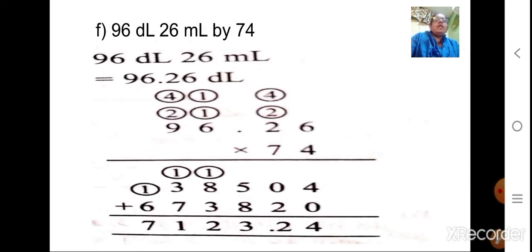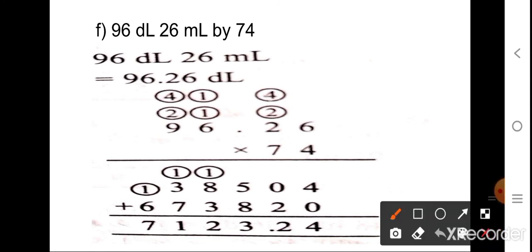One more sum based on deciliter and milliliter. Again, when you're converting from milliliter to deciliter, that is from milliliter to centiliter and centiliter to deciliter, again it is 100. You will divide it by 100.